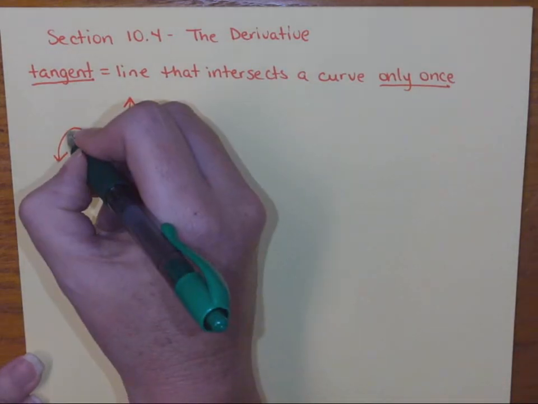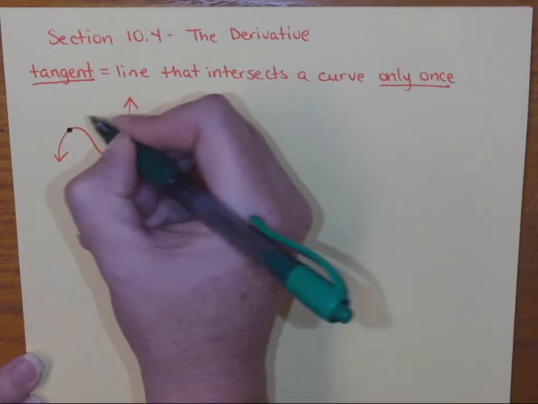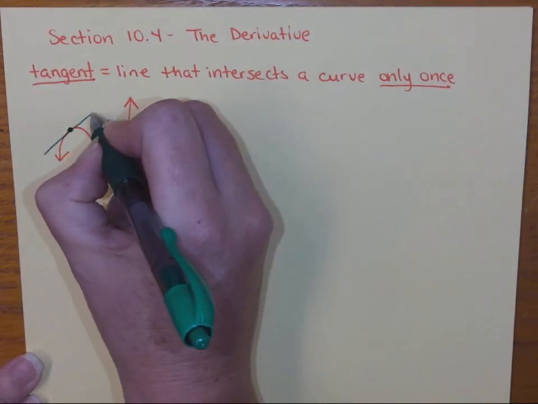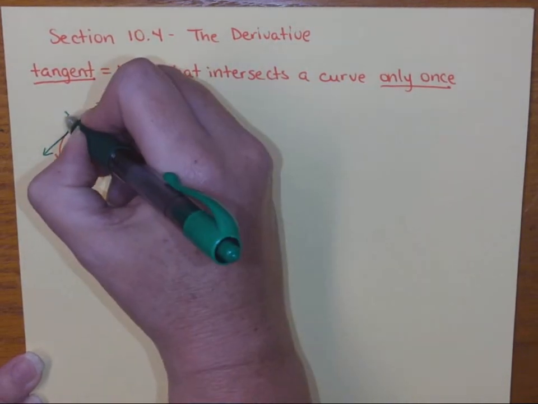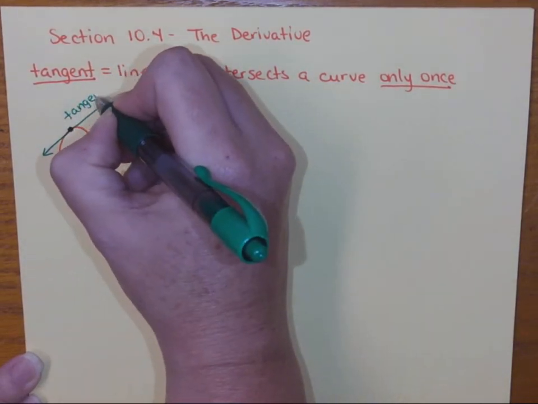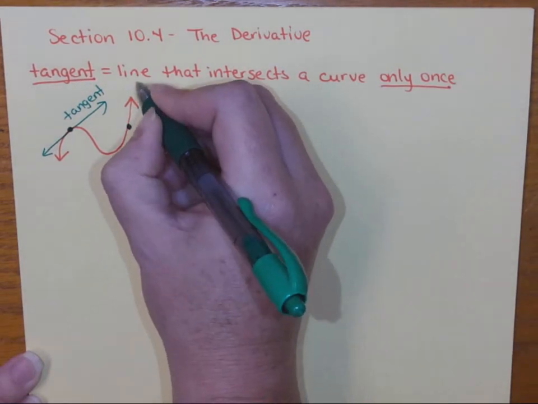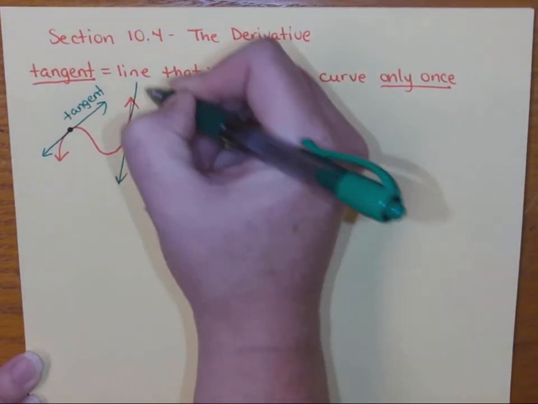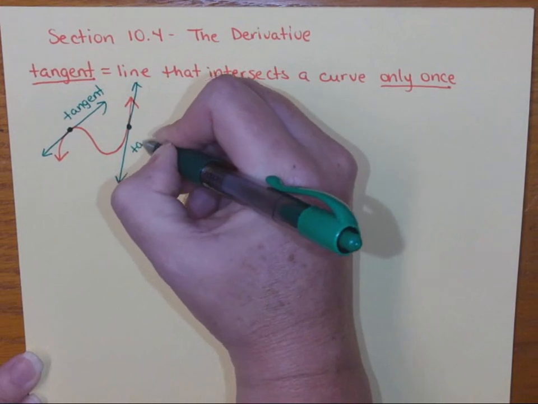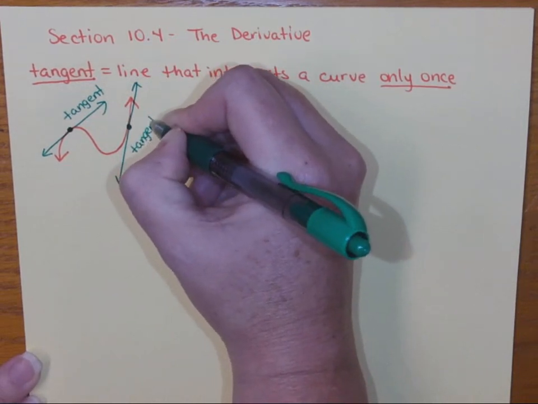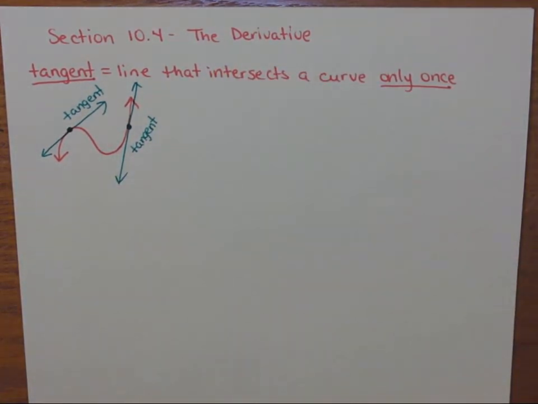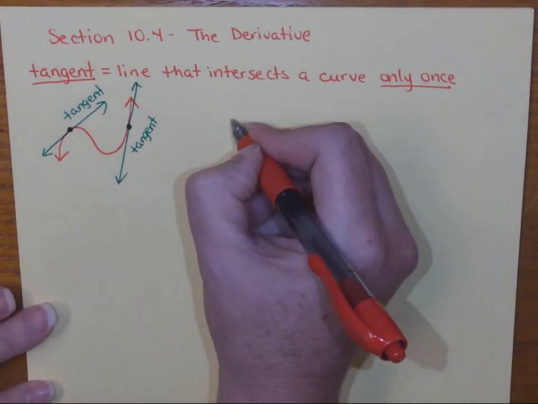It would all depend on where you were looking on the graph. So for instance, if you were looking at this point, this would be considered the tangent at that point. But if you moved over here on the curve, then the tangent line would look like this. And notice those aren't the only two spots I could have put that on the curve, right?